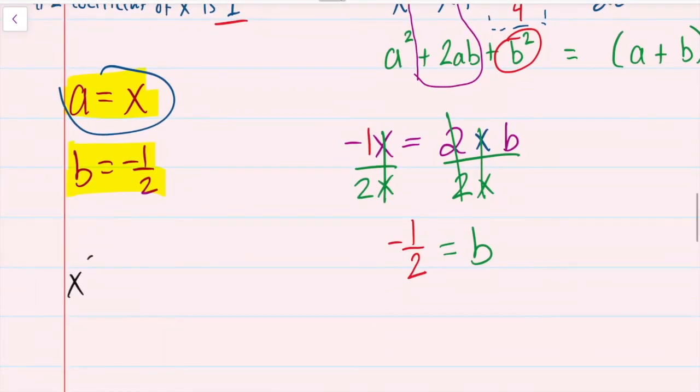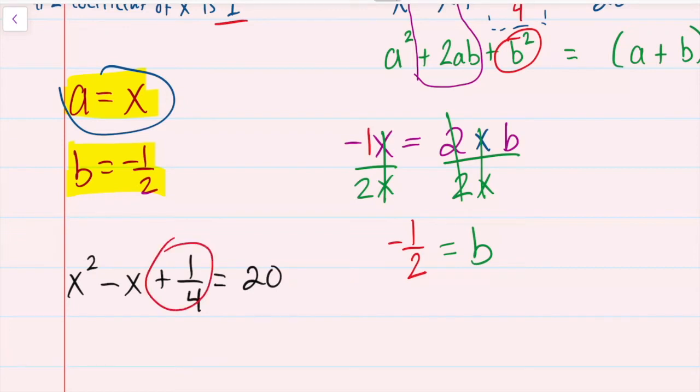We have x squared minus x plus 1/4 equals 20. There's a little problem here, guys, because you just added this 1/4 out of nowhere. You magically just put it there. And in math, that's not the way things work. If you're going to add a 1/4 out of nowhere, you need to do it on both sides.